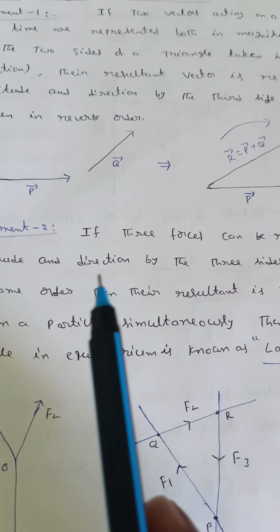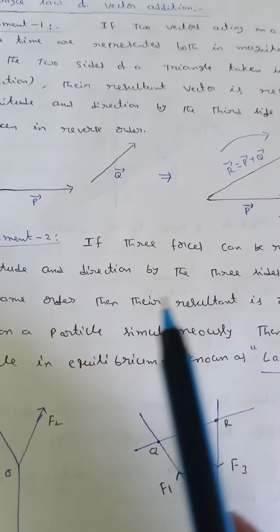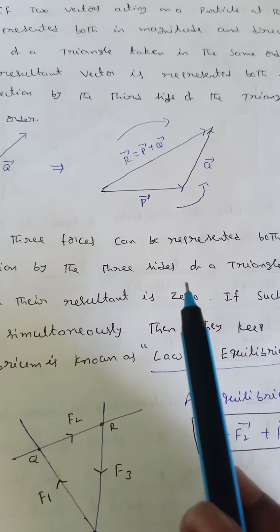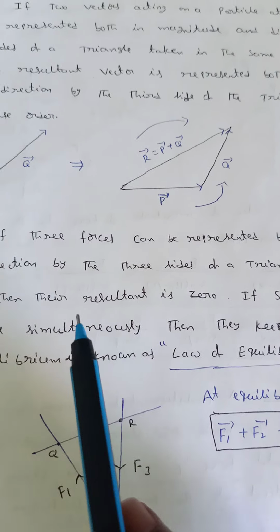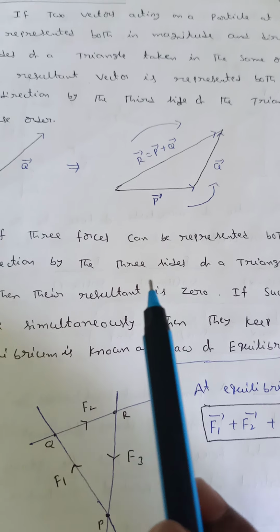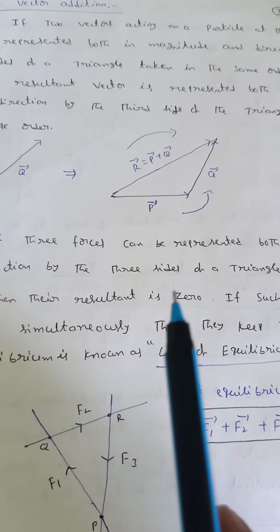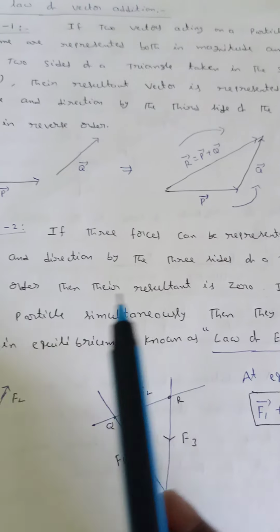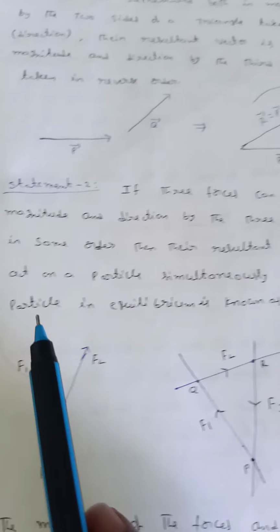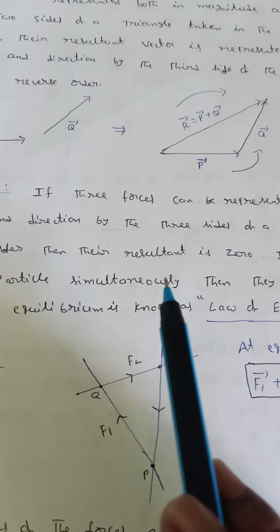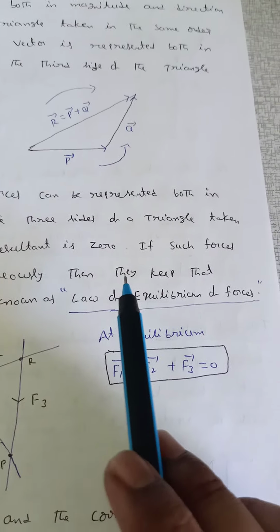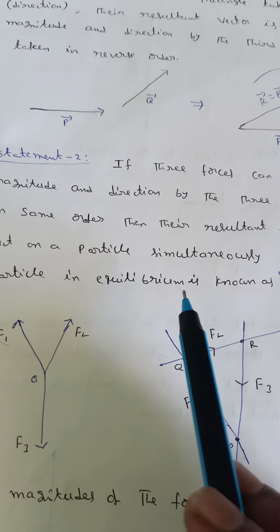But in this case, if the three forces or three vectors are taken in the same order, then the resultant is 0. This is the most important point. If such forces act on a particle simultaneously, at the same time, then they keep that particle in equilibrium.